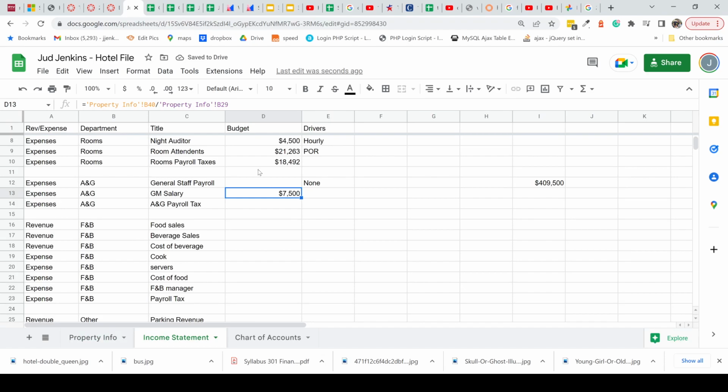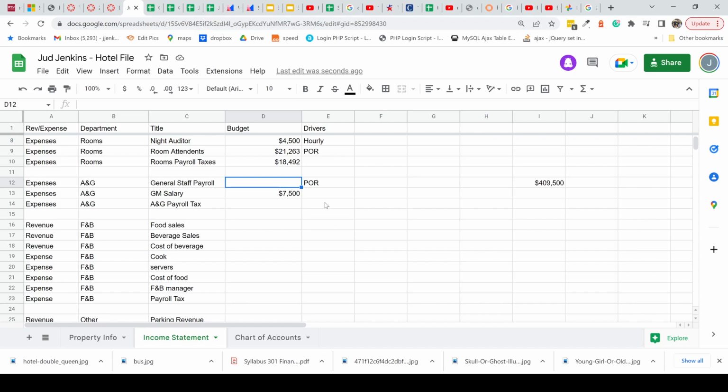Okay, so you should be able to do general staff. General staff is actually a POR. So you're going to get your occupied rooms, and then on your general staff, remember, you're going to need how much you pay them per hour and the amount of time it takes the general staff.